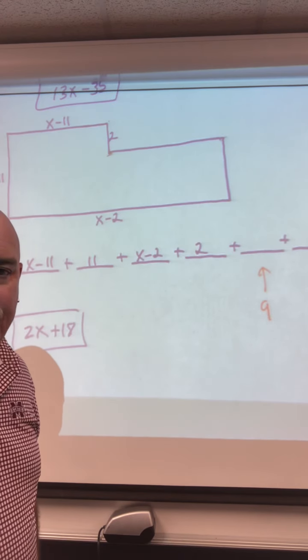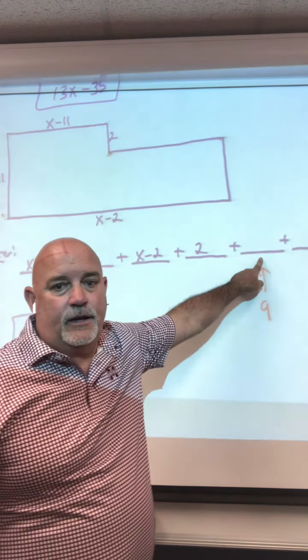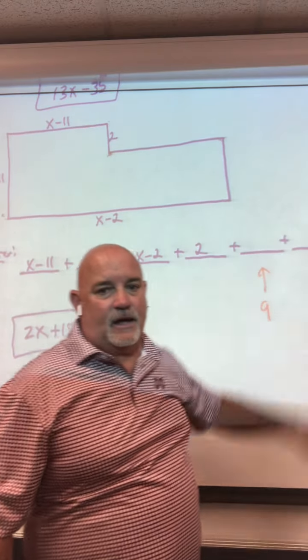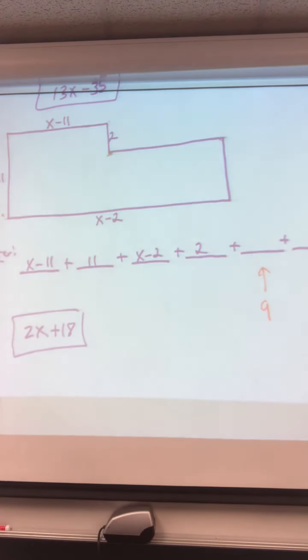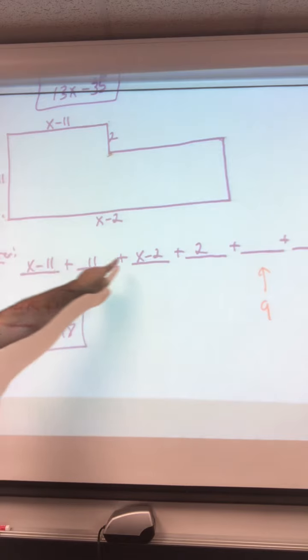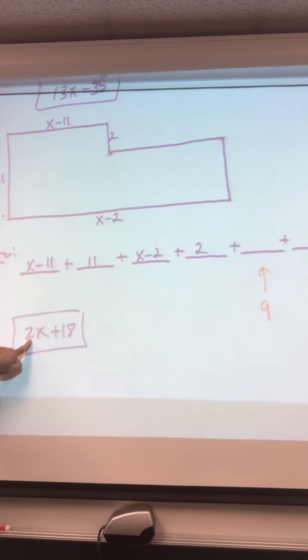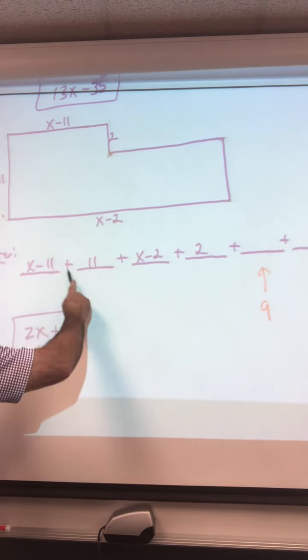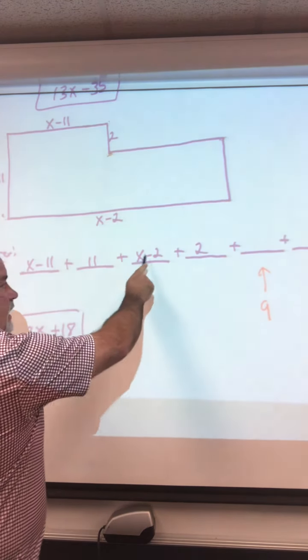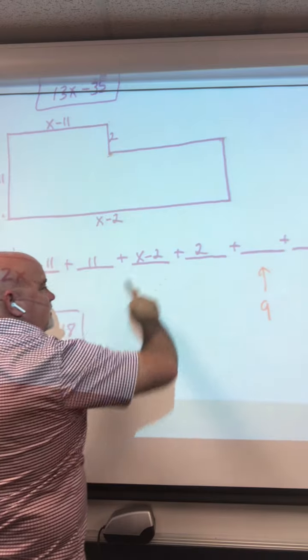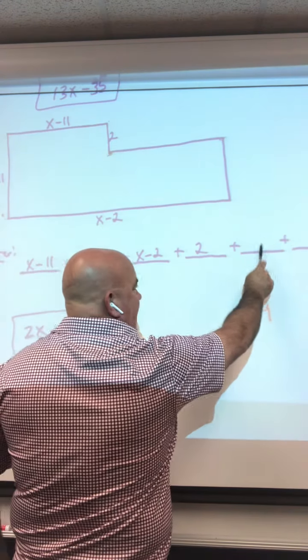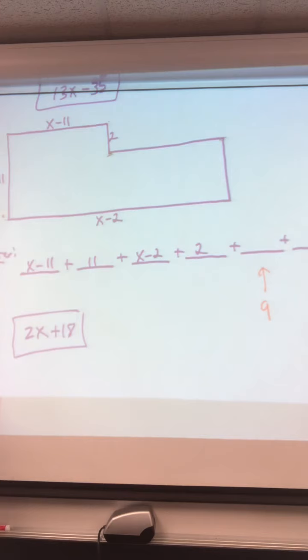You're going to have a 9 right here and a 9 in this next blank. Now, add up all the like terms. You have an x plus an x, which is 2x. Now add the numbers. Negative 11 plus 11 adds out to 0. Negative 2 plus 2 adds out to 0. But then you have the 9 plus 9 on the end, which is plus 18. So the answer to this problem is 2x plus 18.